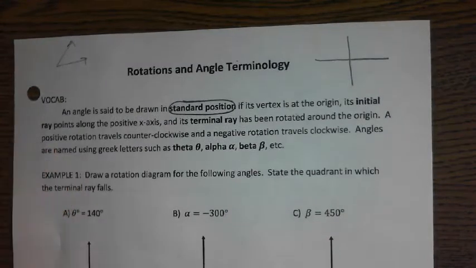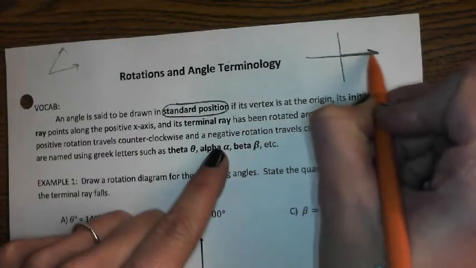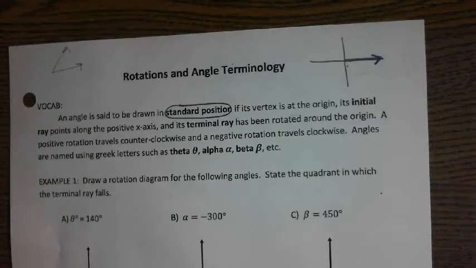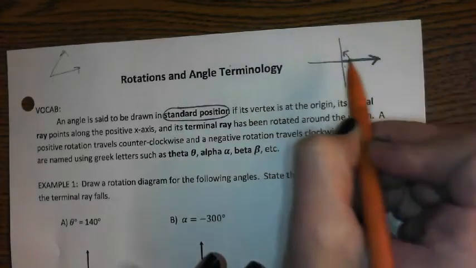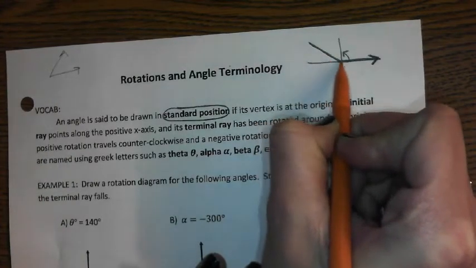Okay? So your initial ray, when you're drawing an angle in standard position, is always on the x-axis. So there's your initial ray. And if we are opening this to 120 degrees, you open in the counterclockwise direction. So you open up to approximately 120 degrees.